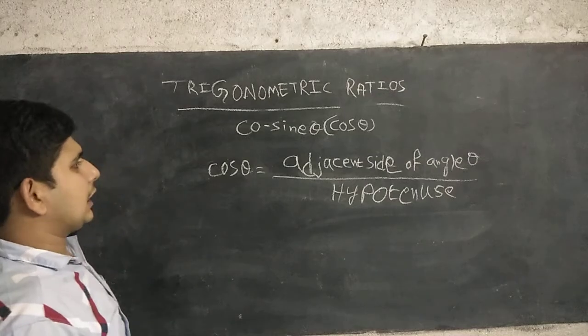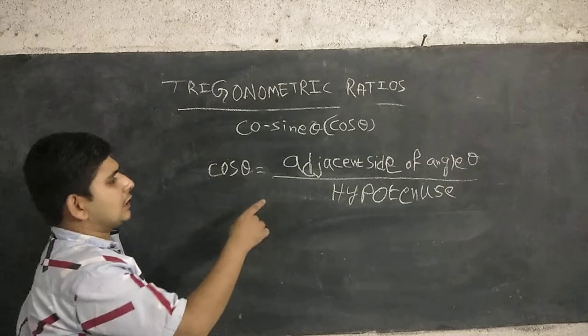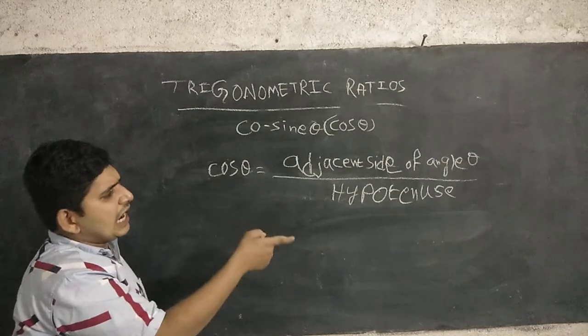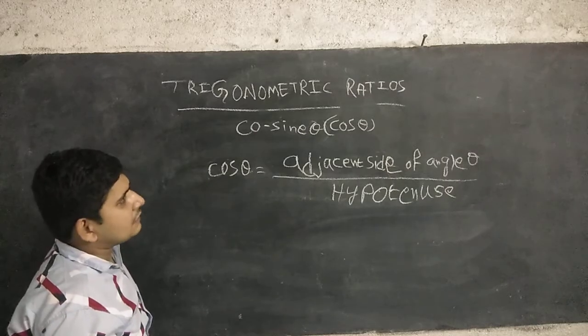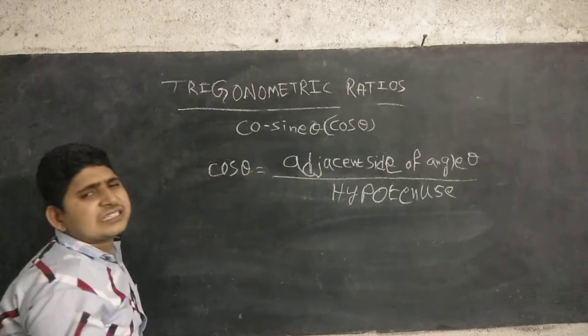The ratio of the adjacent side of angle theta to its hypotenuse is known as the trigonometric ratio cosine theta.